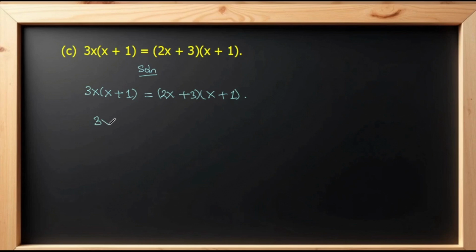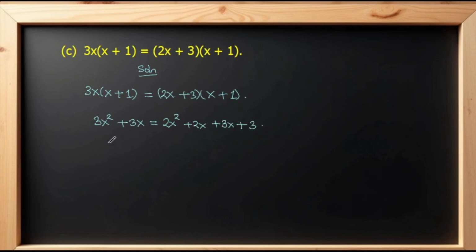So we have here 3x squared plus 3x equals, so we multiply these terms by terms, so 2x by x, so I get here 2x squared, and then 2x times 1, we get 2x, then 3 times x, we get 3x, 3 times 1, we get 3.